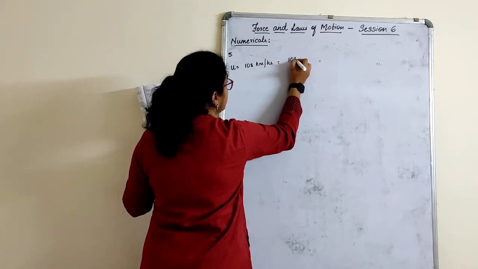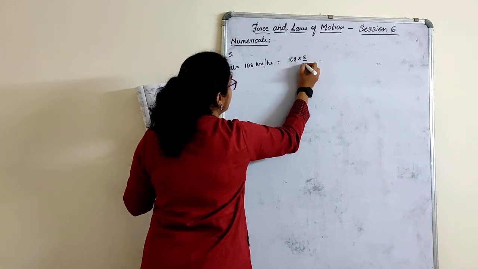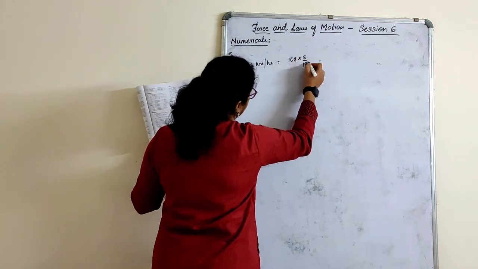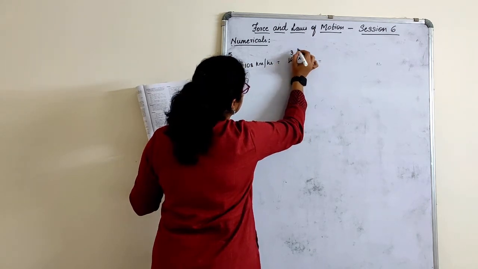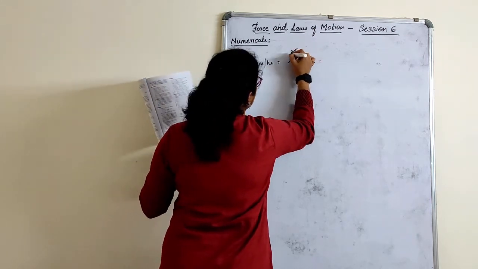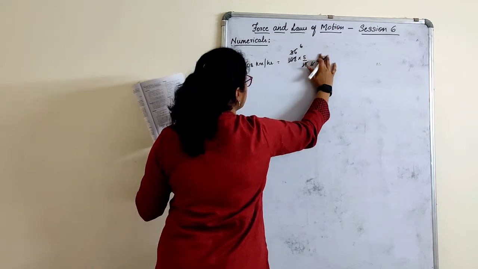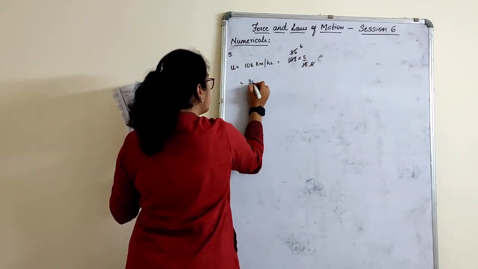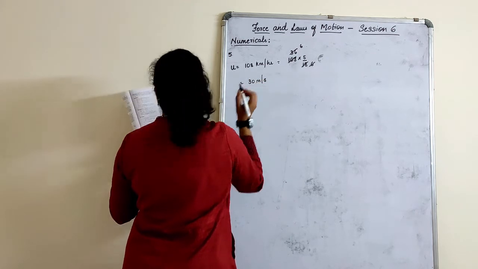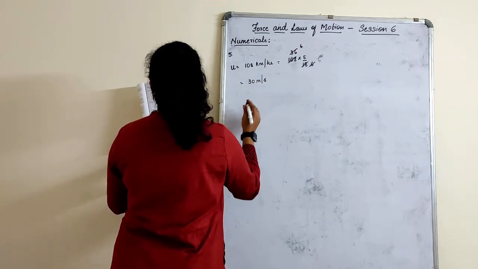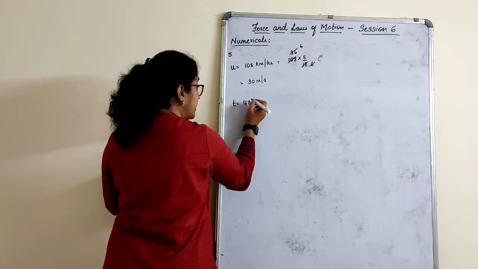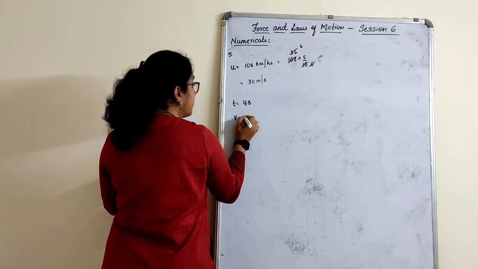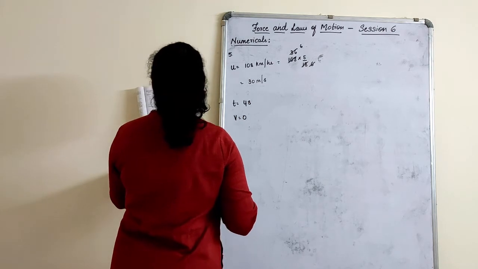So 108 into 5 by 18. So u is equal to 30 meters per second. And it takes 4 seconds to stop. That means V is 0 when the brakes are applied.